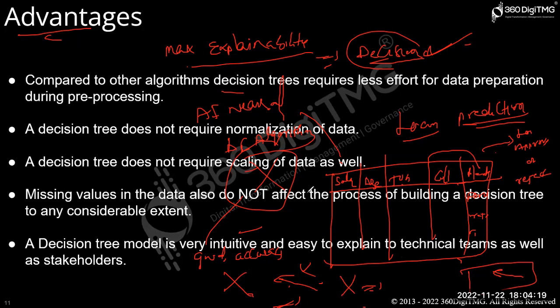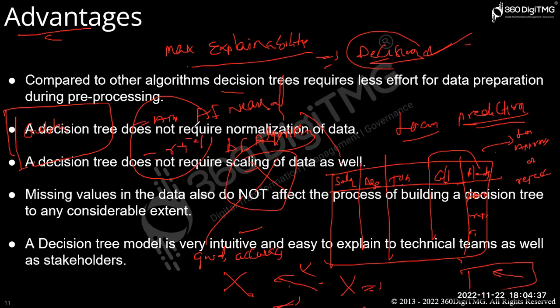Instead of that, we can go with the decision tree algorithm. It will go through each and every condition, and it will tell you what conditions it considered to approve or reject the loan.